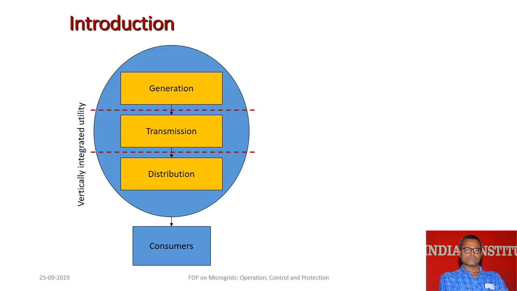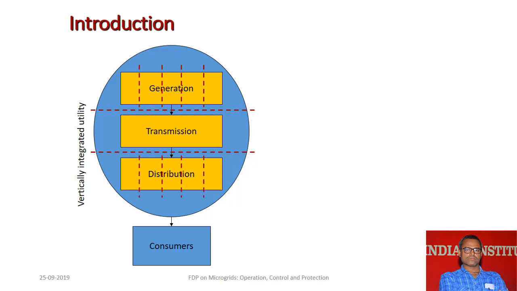Now the disintegration of the whole system is going on, and gradually disintegration took place on the generation side, where different generating companies participate in the market, and discos have their own choice to buy from a particular generating company.